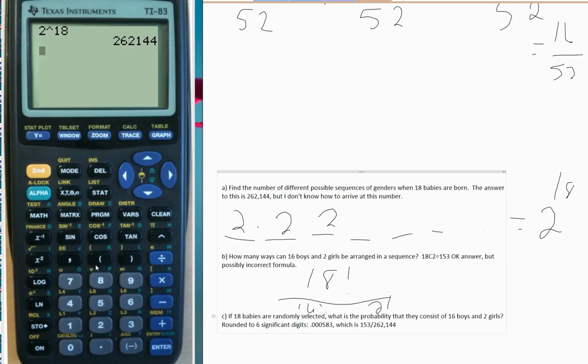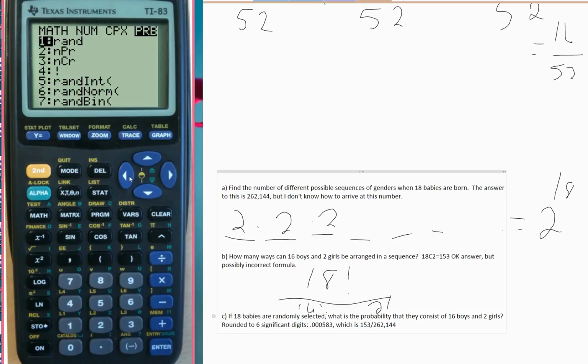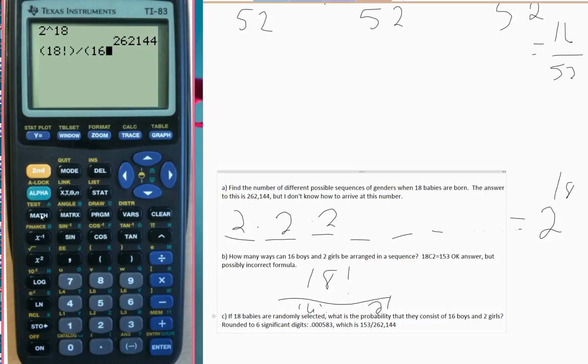So we can put that in the calculator. To get the factorial, we're going to hit math, go over to PRB and number 4. Divided by, now we need to put parentheses around the entire denominator, just one set of parentheses.